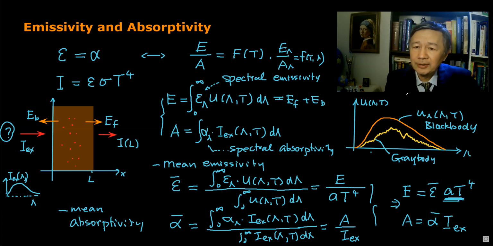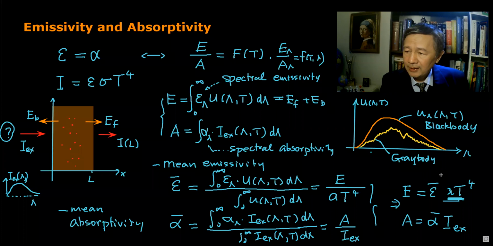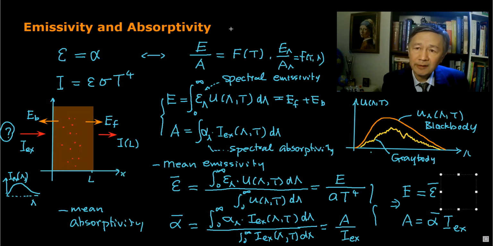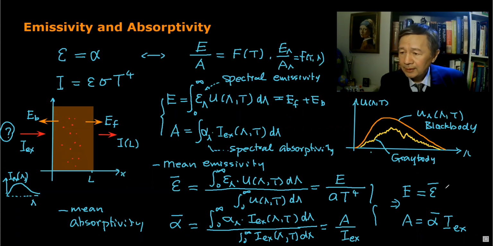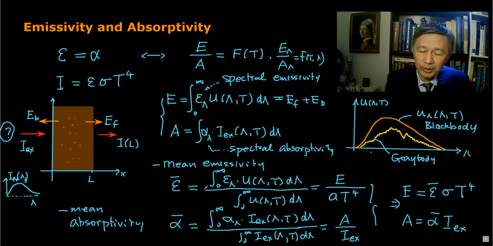Oh, no, that would be exact. I realize now that is the reason. In this case, we can simply write the Stefan-Boltzmann law with sigma, sigma T to the power 4.